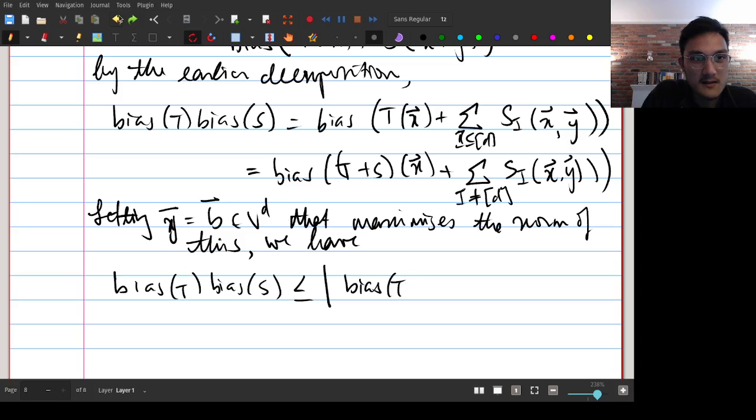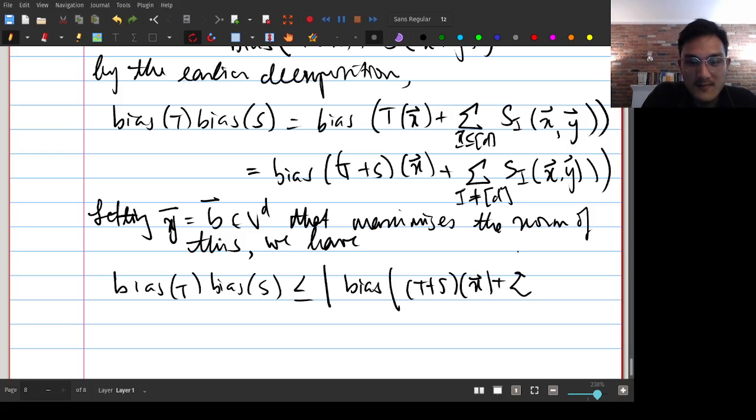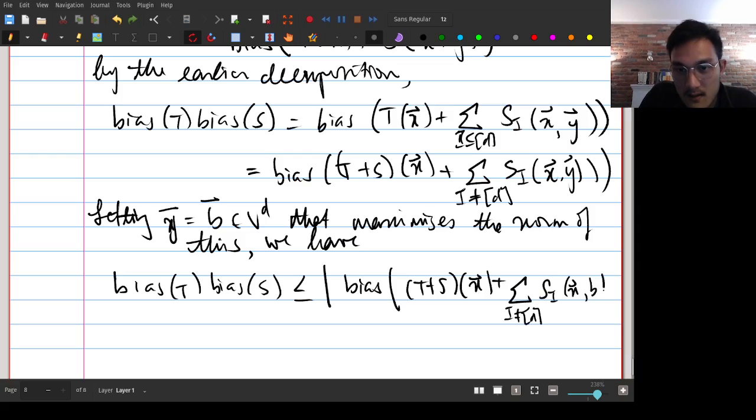I messed up some brackets, so I'm pretty sure this has got to be big. Bias of t plus s x plus the sum of i not equal to d of s_i x b. So I'm still getting used to this tablet thing. That's all that changed here. Have I put enough brackets?